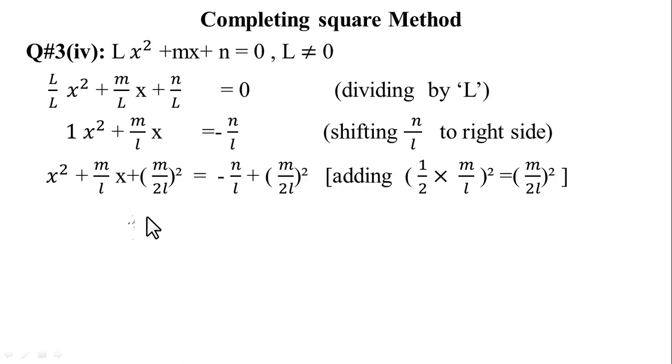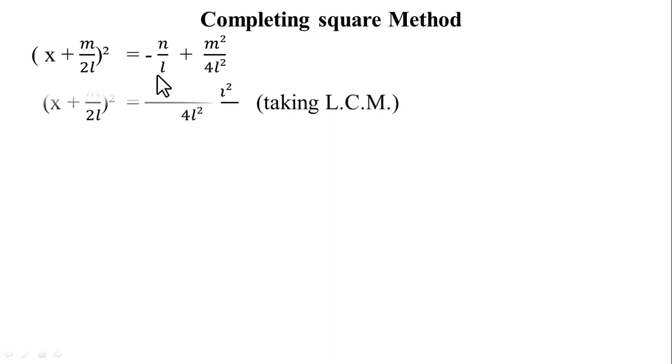Now we write in complete square x plus m over 2L whole square is equal to minus n over L plus m square divided by 4L square. Now we continue this question and take the LCM. The LCM of 4L square and L is 4L square.